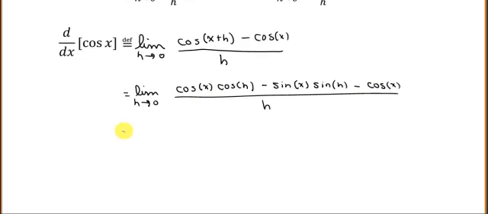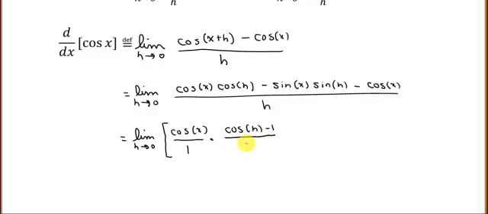I will group those together and take out the factor of cosine of x, and this would become the limit as h approaches 0 of cosine of x, common factor that is removed, over 1, times cosine of h minus 1 all over h, minus, and then notice there's a factor of sine of x that I can take out, and I could write this as sine of x over 1 times sine of h over h.